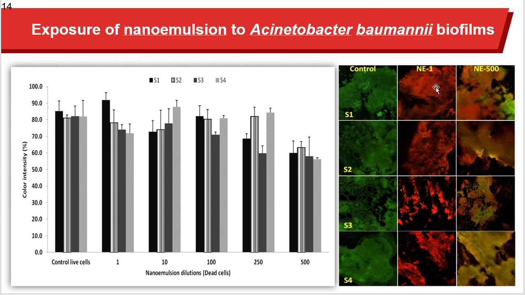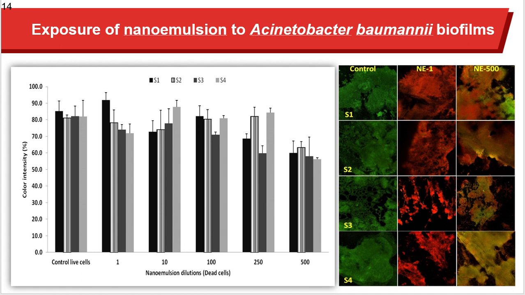Then with nanoemulsion at one dilution, you can see very intense activity in this panel of confocal images. But when you dilute to 500 dilution of this nanoemulsion, the activity is reduced and the live dead cell number is reduced in this panel. You can see very clearly.